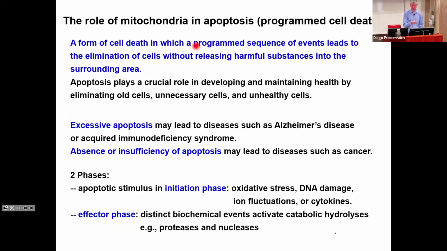Programmed cell death is a programmed sequence of events. You can eliminate cells, for example, which are harmful.